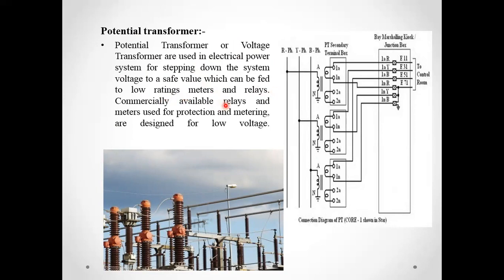Commercially available relays and meters used for protection and metering are designed for low voltage. Mainly this is used for metering, that is, the smooth flow of electricity in the cables. Here we can see the picture of this potential transformer, and this is the circuit diagram of the potential transformer.